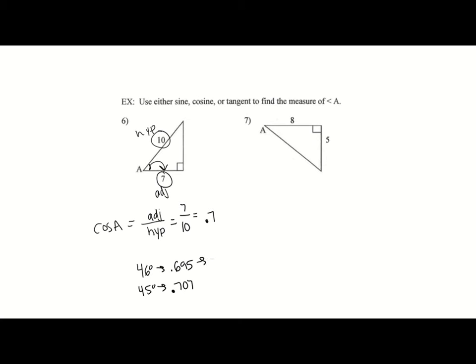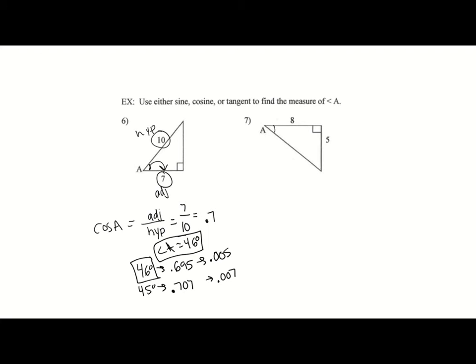This one is only 0.005 away. This one is 0.007 away. So that means this one is closest. So my angle A is going to be 46 degrees.